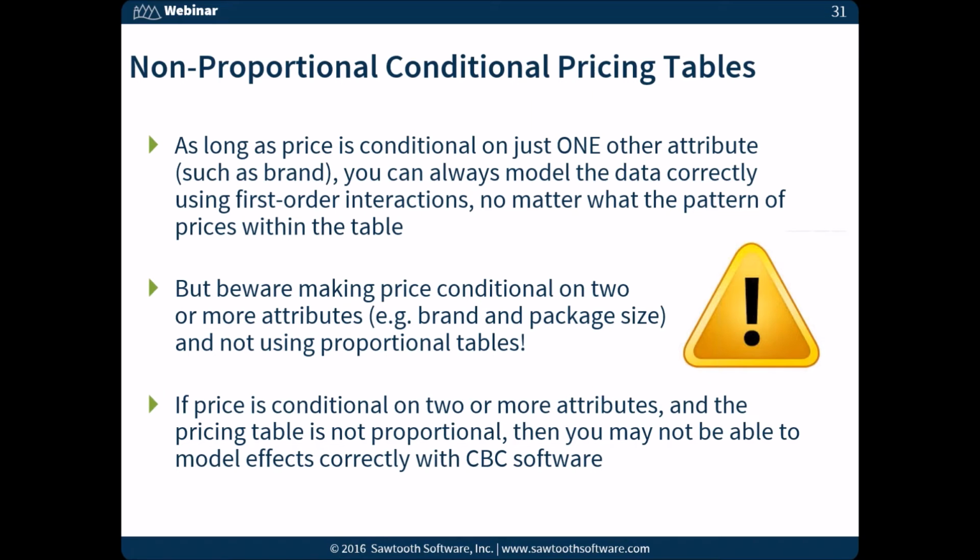What we can do is combine the attributes of brand and package size into one attribute, and then have our conditional price attribute. So it really only looks like price is conditional on the attribute of brand by package size, and then we'll be able to model the effects better in the software.